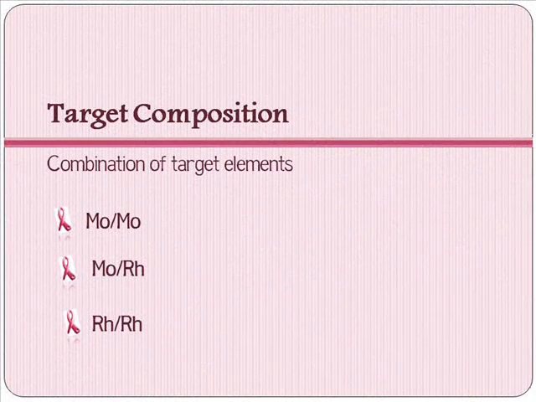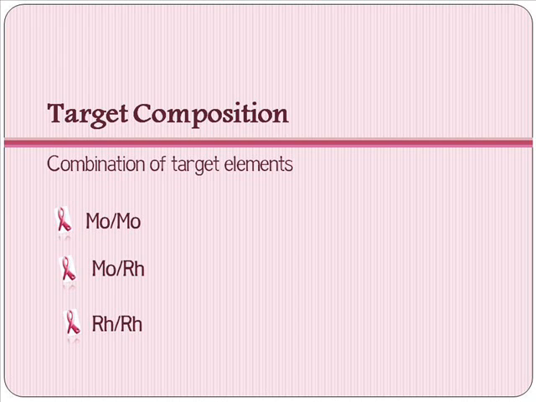A molybdenum target with molybdenum filter is suitable for small breasts without extensive dense tissue because of its characteristic X-ray energy. A molybdenum and rhodium composition may be used for denser breasts because of its characteristic X-ray energy, which is higher than molybdenum.